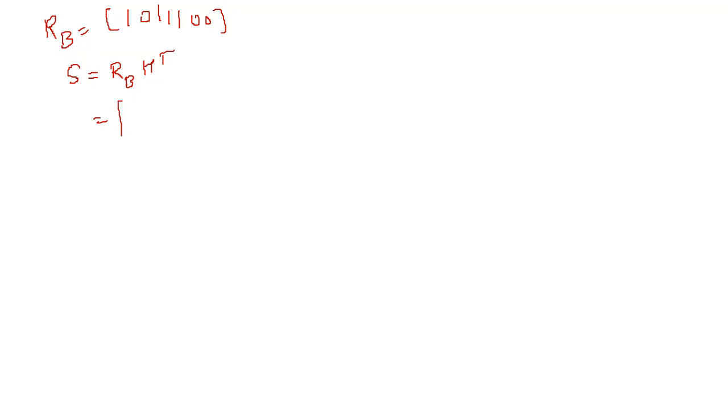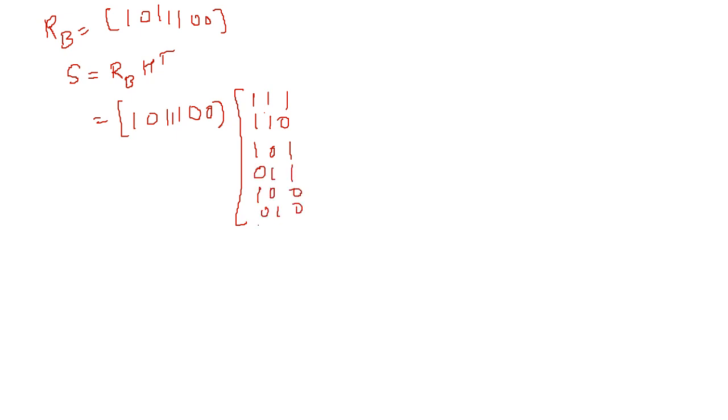This received vector 1, 0, 1, 1, 1, 0, 0 will be multiplied with the H transpose matrix, which is 1, 1, 1, 1, 1, 0, 1, 0, 1, 0, 1, 1, 1, 0, 0, 0, 1, 0, 0, 0, 1. After the multiplication, we get 1, 0, 1. This 1, 0, 1 is present in the third row of H transpose.